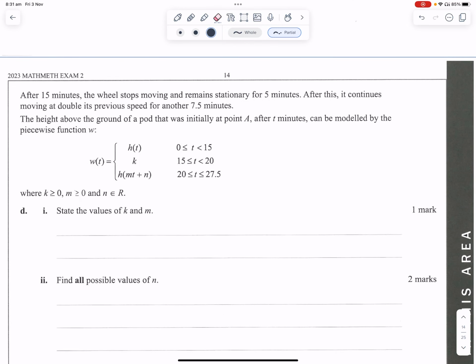Okay, after 15 minutes, the wheel stops moving and remains stationary for 5 minutes. Then it continues moving at double its previous speed for another 7.5 minutes. The height above the ground of the pod initially at point A after t minutes can be modeled by the piecewise function W. State the values of K. Okay, so K, 15 minutes is going to go to there and then up to there.